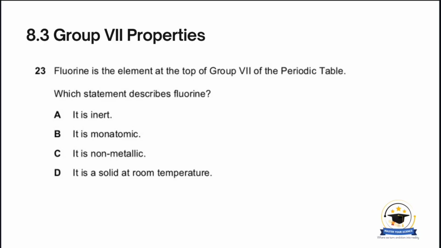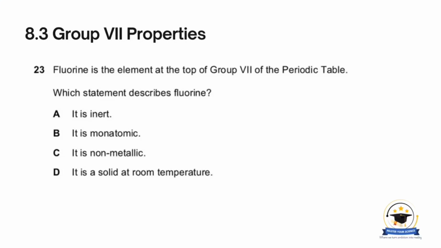Then the next question says fluorine is the element at the top of group 7 of the periodic table. Which statement describes fluorine? First statement says it is inert. This is incorrect.